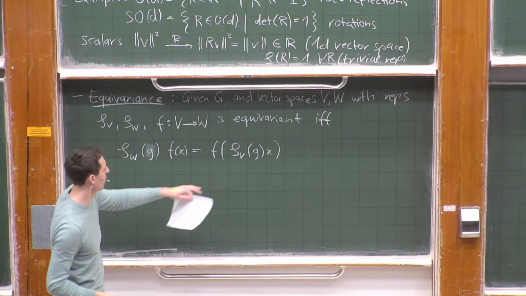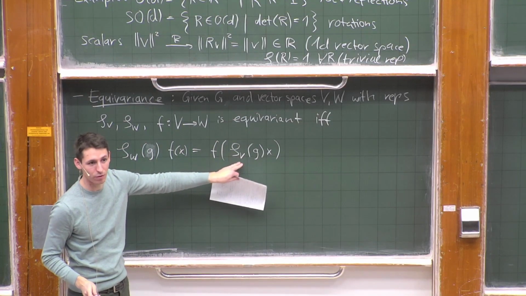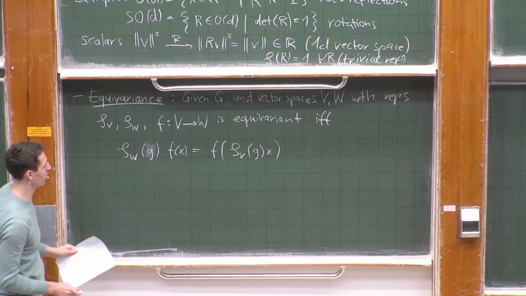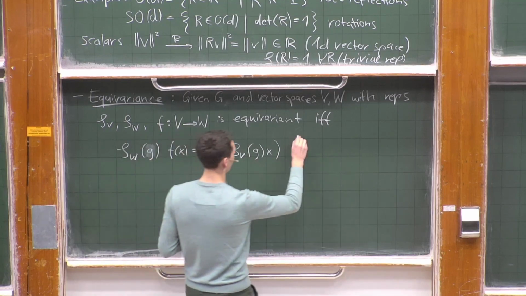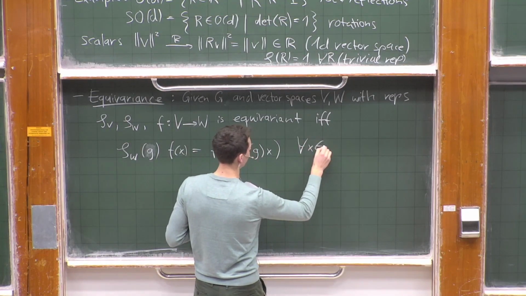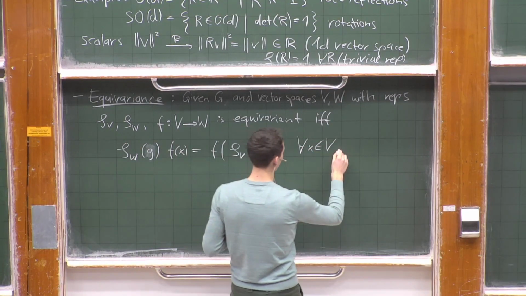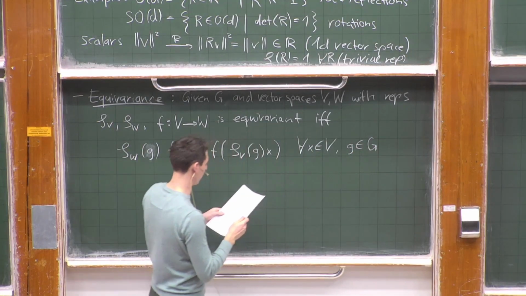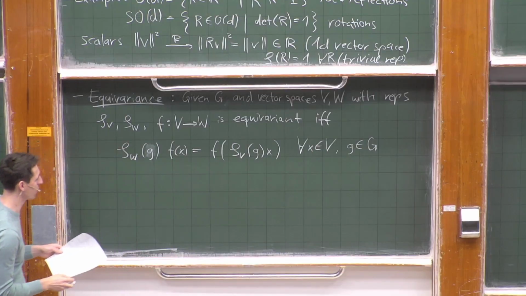So on the input, we have to use the V representation to act with the group element, and on the output, we use the W representation. So this should be fulfilled for all x in the input domain and for all group elements. Then we call the function equivariant.